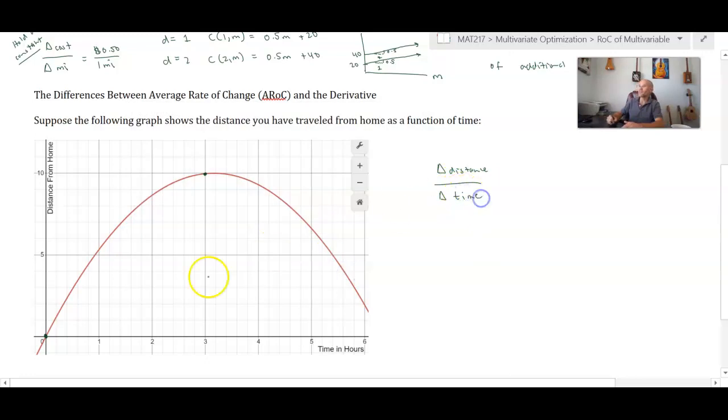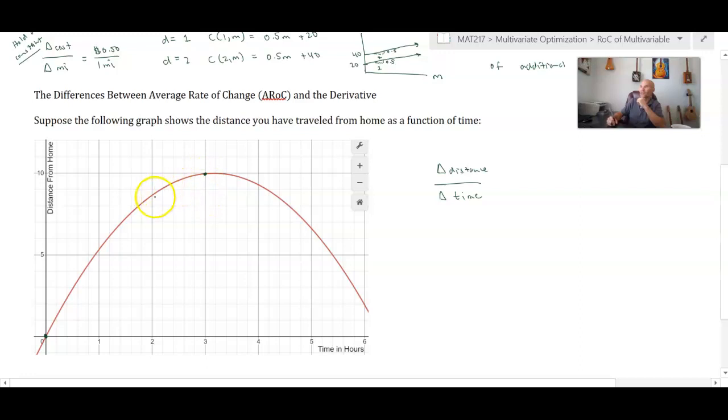That answer is going to be different because we see that this is not a straight line. In fact, as we get closer to time 3, we see that the curve is starting to flatten, which means the speed must be slowing down. Notice in a 1 hour time period here, we're only doing about 1.5 miles.